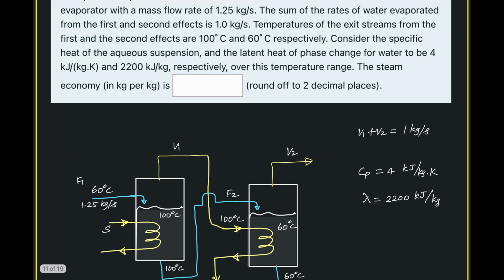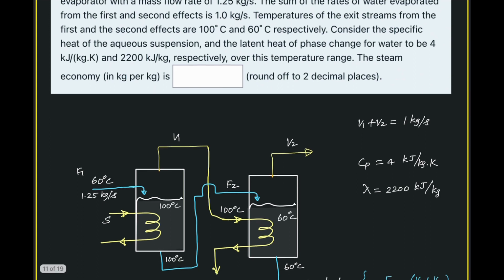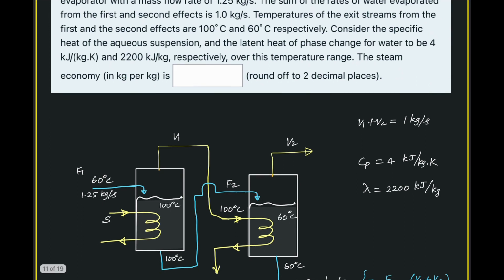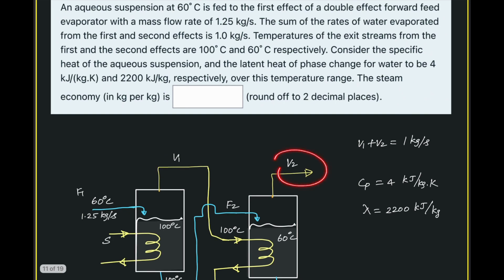The sum of the rates of water evaporated from the first and second effects is 1 kg per second. What is the meaning of that? The vapor evaporated from the first effect and that from the second effect add up: V1 plus V2 is 1 kg per second.